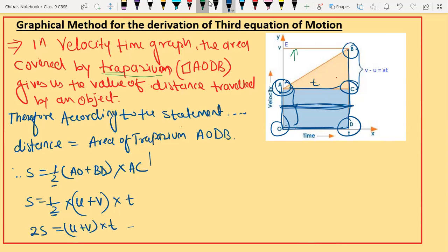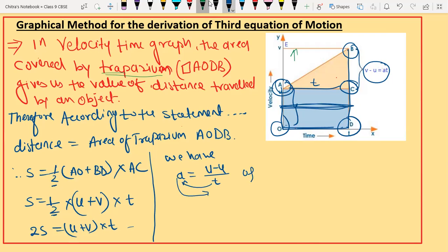Okay. So now we have the acceleration formula. Acceleration equals to V minus U divided by T. But we want the value of T, so I'm transferring T to this side and A to that side.